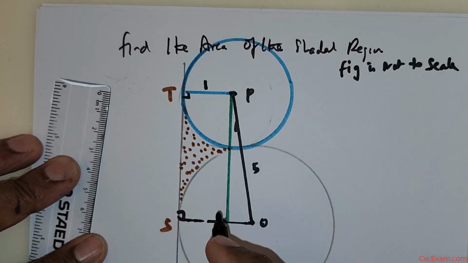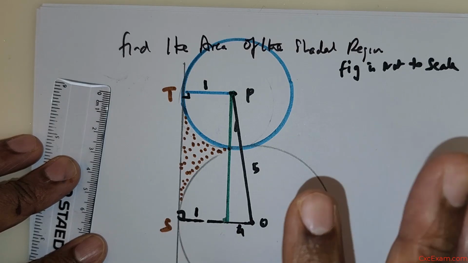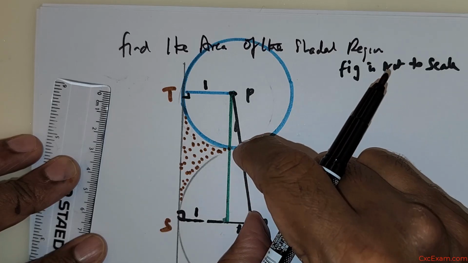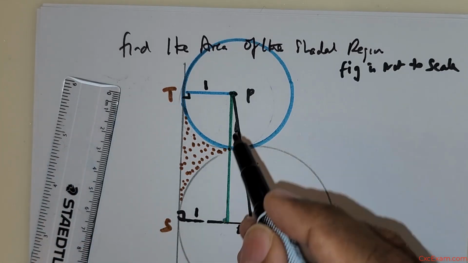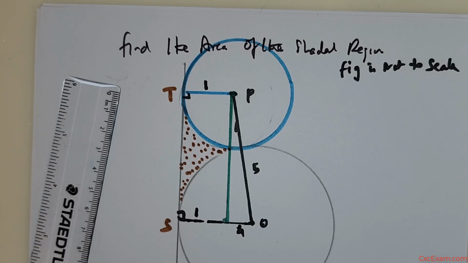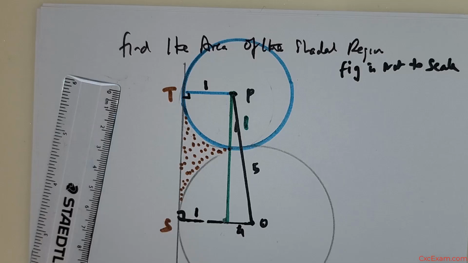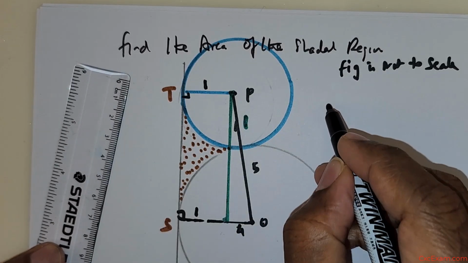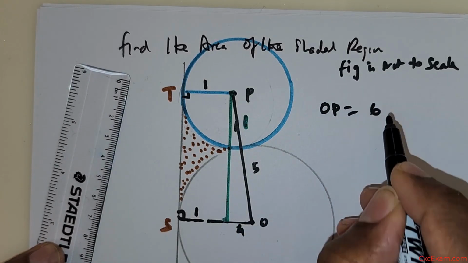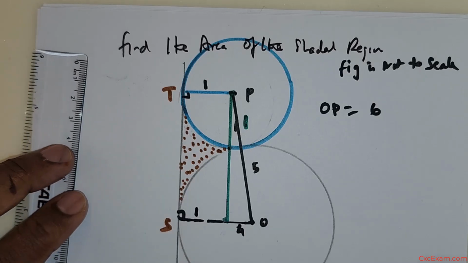This drop is going to be 1 unit. So this distance is going to be 4 units. Okay, as I mentioned to you, figure is not to scale. So this is 5 units. Okay, so this is going to be 1 unit, so I will write that 1 unit over here, and this entire OP is going to be equal to 6 units, right?